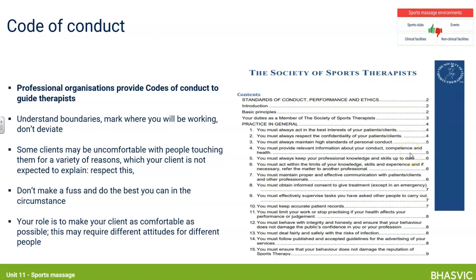Lastly then, code of conduct. So we're talking about professional conduct of the therapist. A lot of the organisations, associations that we've talked about and you need to know, will give a code of conduct which states what you should be like, what is expected of you working within this profession.